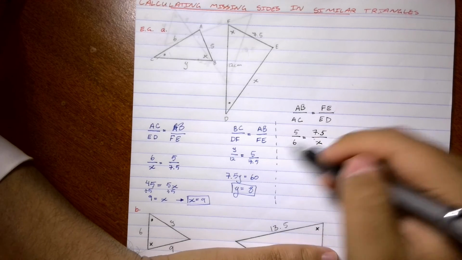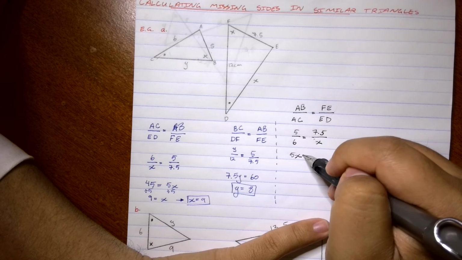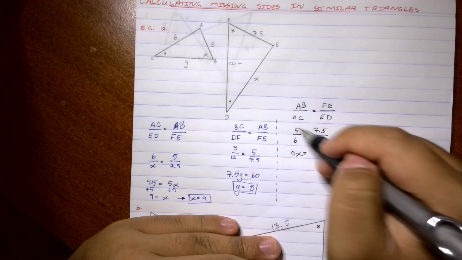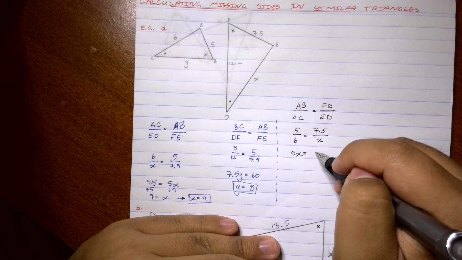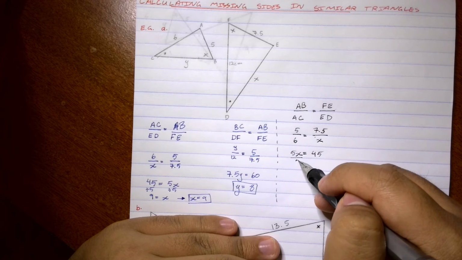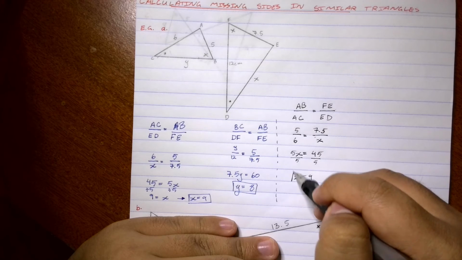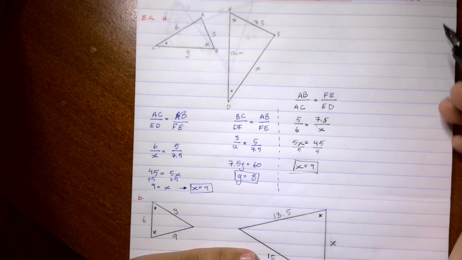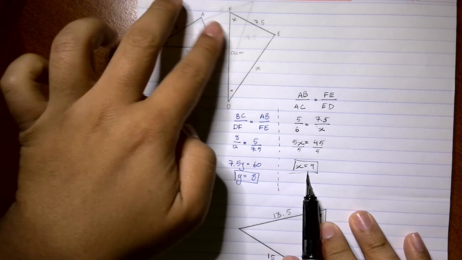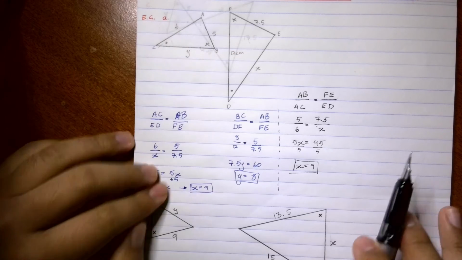Once again, multiplying everything out, we get 5x is equal to, cross multiplying, 6 times 7.5, we get 45. Dividing both by 5, we get x is equal to 9. As you can see, it's the same solution, but this time we're only comparing within each triangle. We're not comparing to the other one.